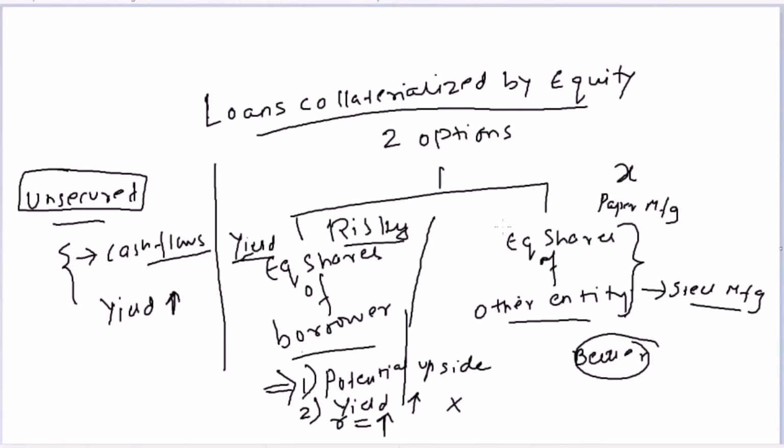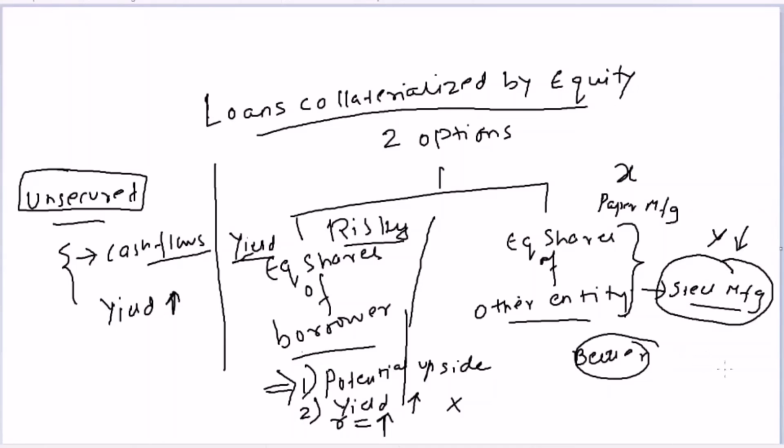Now coming to the equity shares of another entity. Of course, this is a much better option. What I would say is the lender should evaluate whether he can actually give an unsecured loan to the entity whose equity shares are being collateralized. If my answer is yes, I can lend on an unsecured basis to this entity on an independent basis, then this is a much better option.